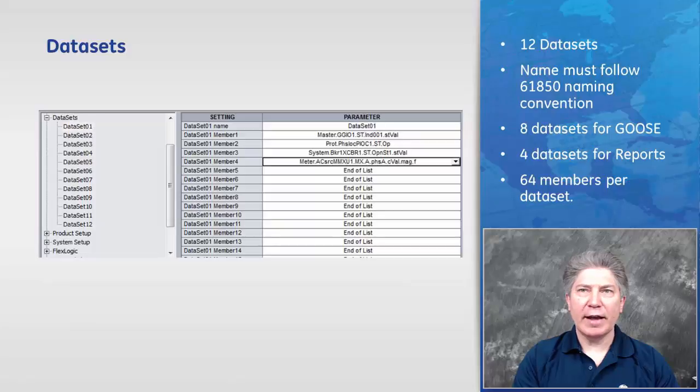The naming convention has to follow the IEC 61850 standard, which consists of uppercase, lowercase, digits, and the underscore character. Now, every dataset has 64 members or data points. If you go into each member, you'll see each signal in the pull down falls into one of the 6 logical nodes: master, protection, control, system, meter, and general.